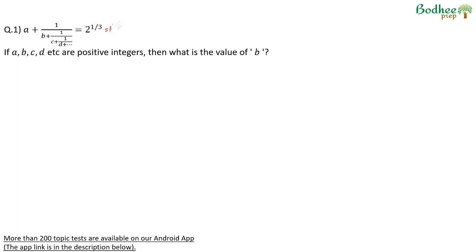This is approximately 1.26 something. So basically what it says is A plus 1 by B plus some value. So I'm taking this entire thing as X. A plus 1 by B plus X, because you have to find the value of B, is equal to 1.26.